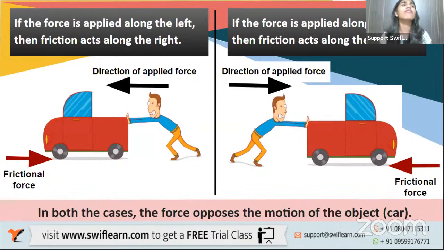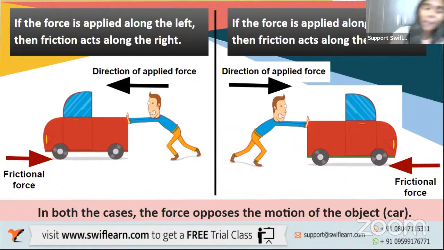Now imagine I am kicking a ball from right to left side. So frictional force is acting in which direction? If I am kicking a ball from right to the left side, then frictional force is acting from the left to the right side. So whichever direction is the applied force, the frictional force will always be in the opposite direction.